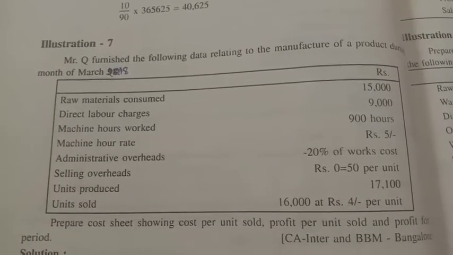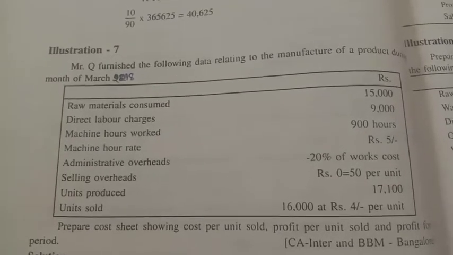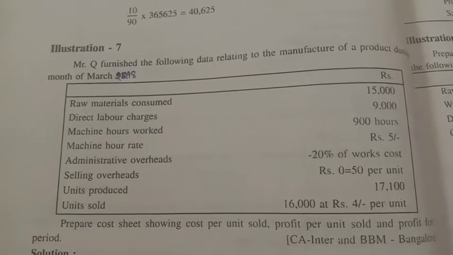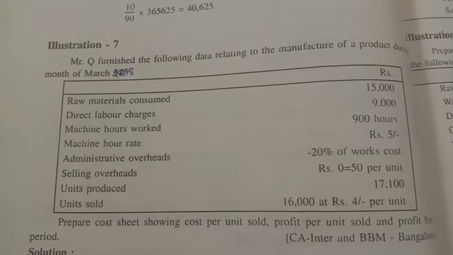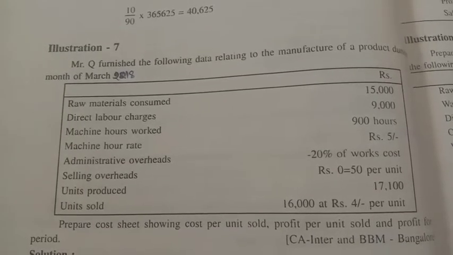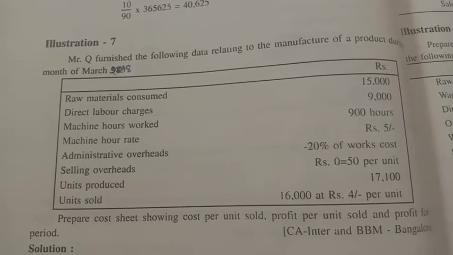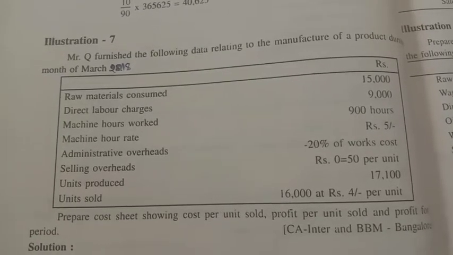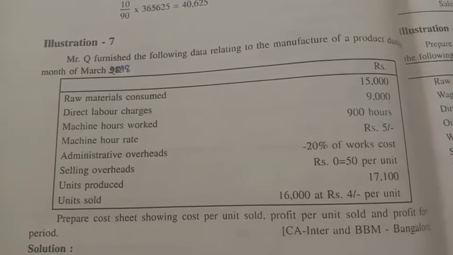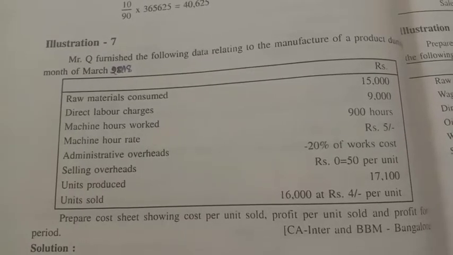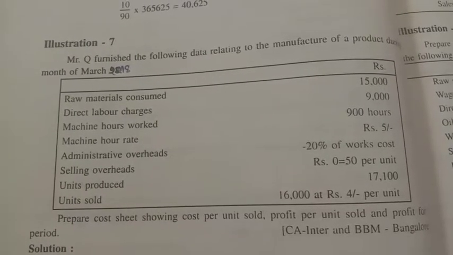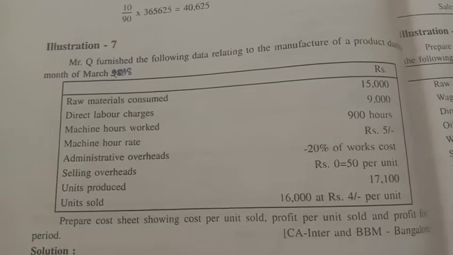Raw material consumed is directly given, we'll take it to the prime cost. Direct labor charges, we'll take it to the prime cost. Machine hours worked 900 hours and machine hour rate rupees 5. Machine will be in which department?